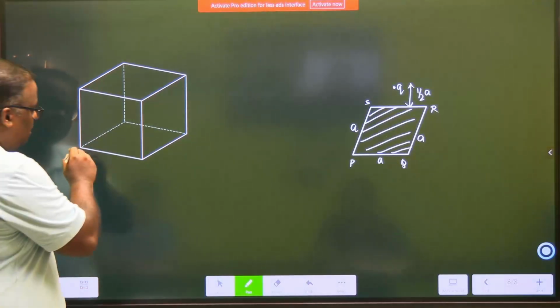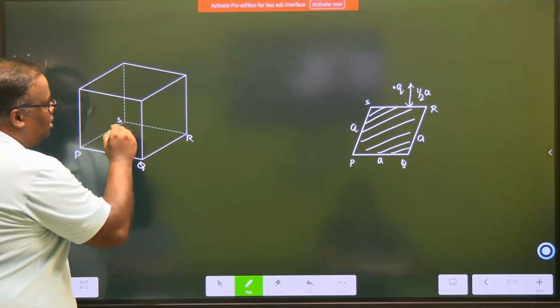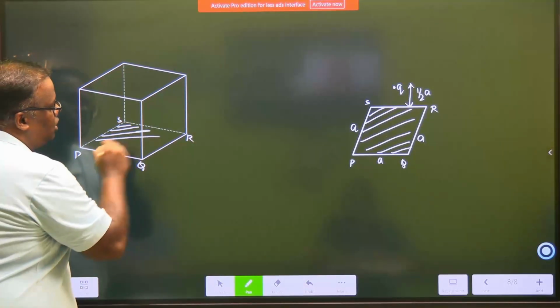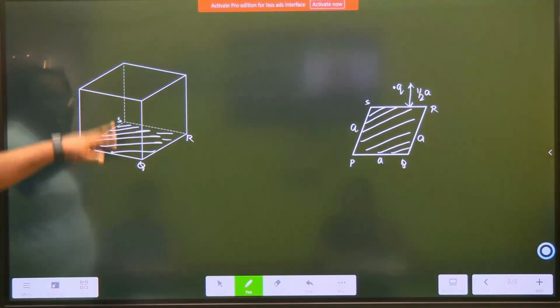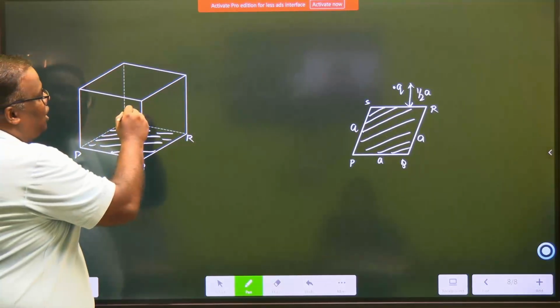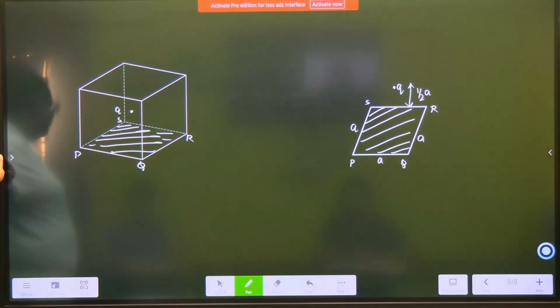Can I not make this PQRS, children? And this is my sheet. Where is the charge? Half from here. So the charge is right at the center now. Do you agree? Right at the center.